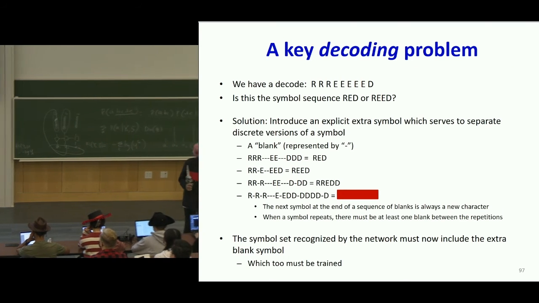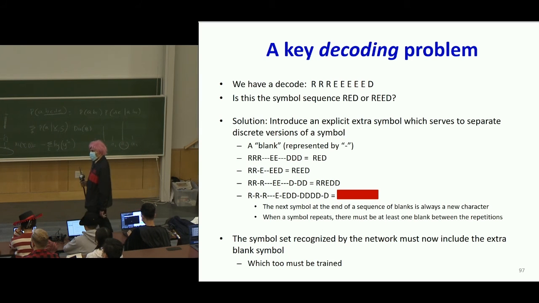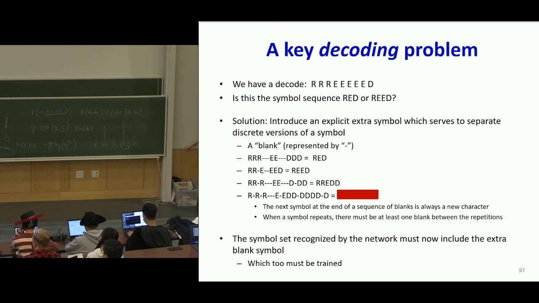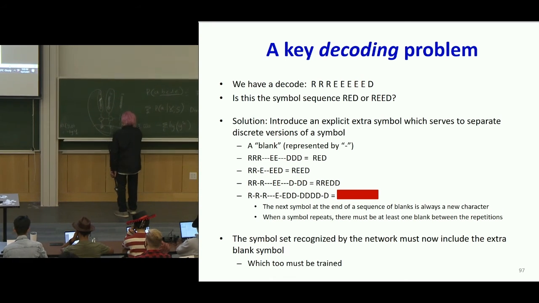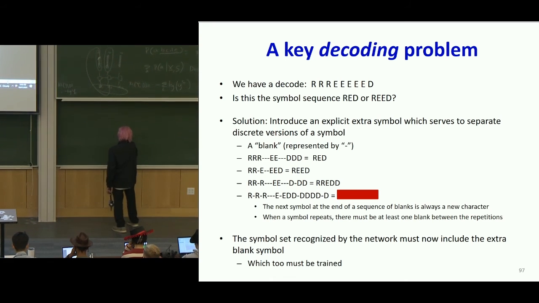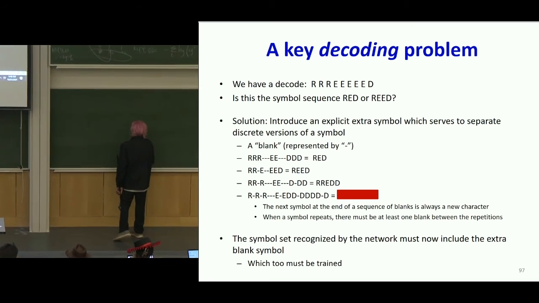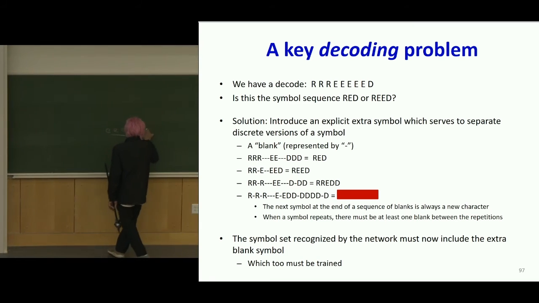To deal with this, we are going to introduce a do-nothing symbol. A do-nothing symbol is basically a symbol which says nothing happened here. Now, typically, when a network is outputting stuff, you get outputs of this kind: E, E, E, B, B, B maybe.